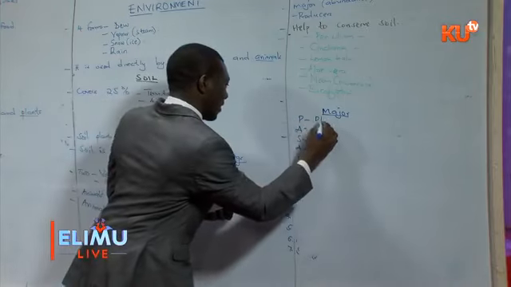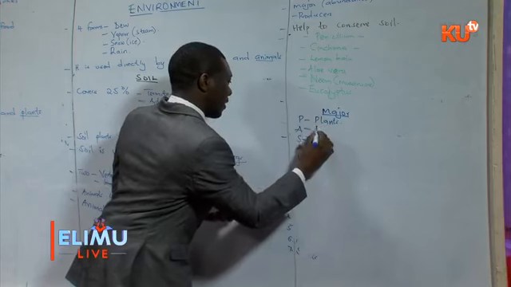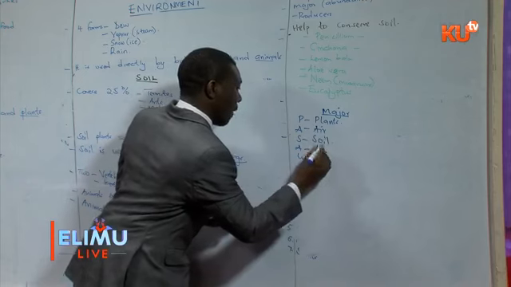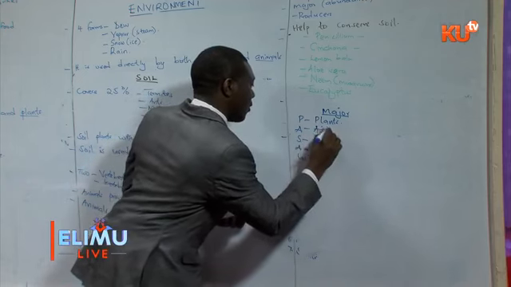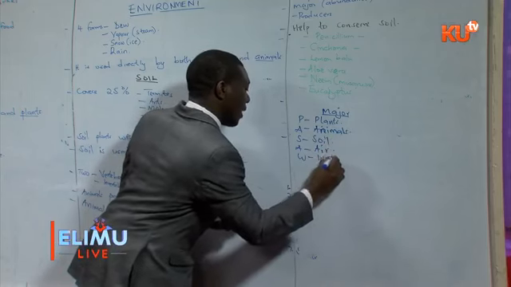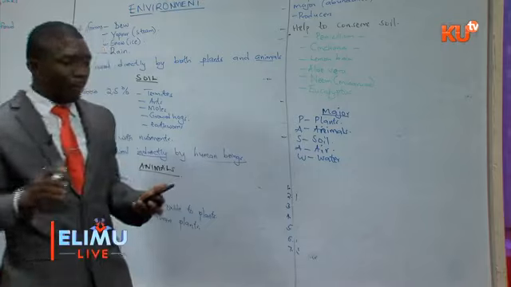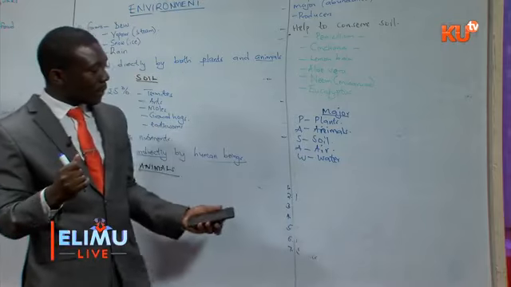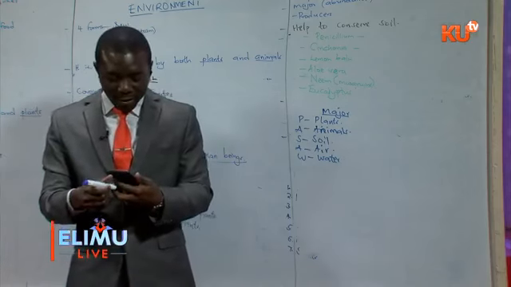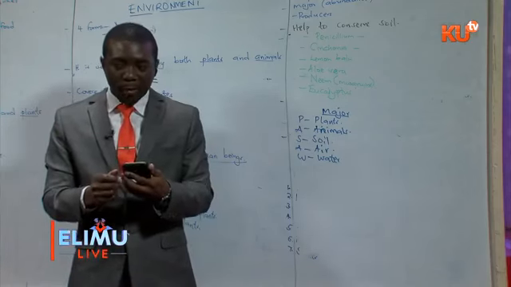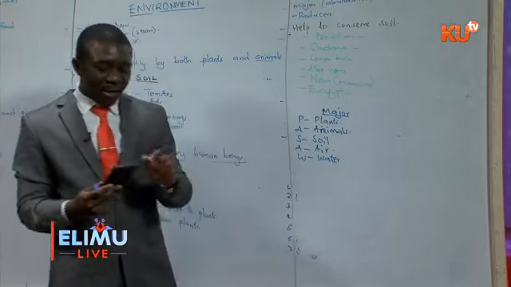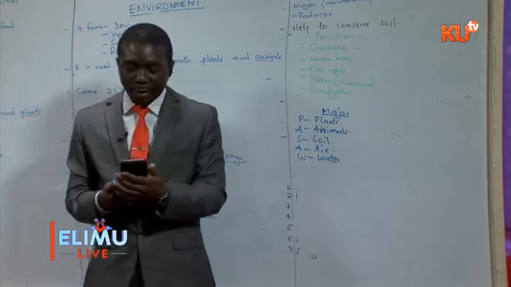The first one is plants, the second one is animals, then air, soil, and water. The rest we group as minor components. So, is light a major or minor component? Light is a minor component of environment.